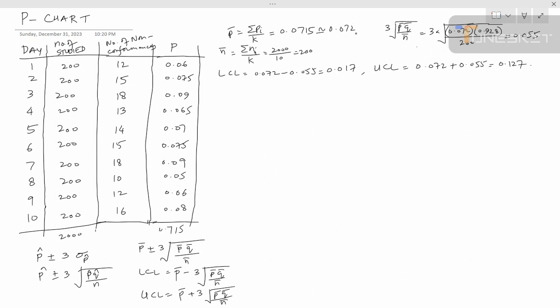The mean value is 0.072. So now we draw the control chart.